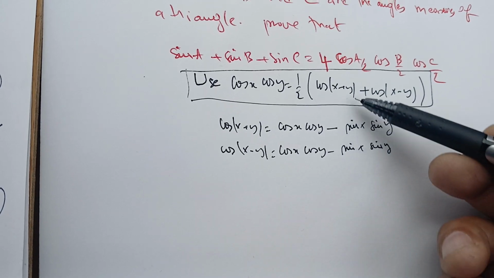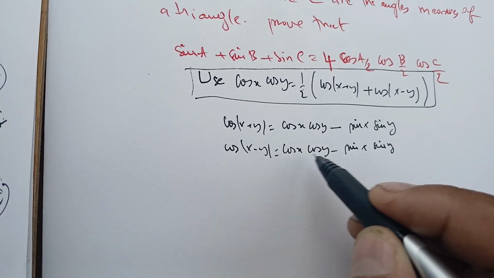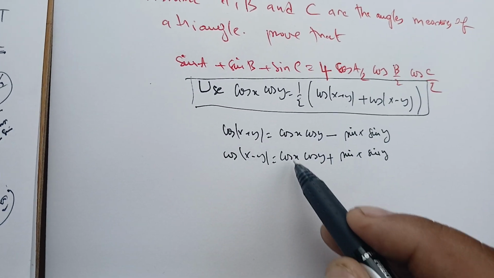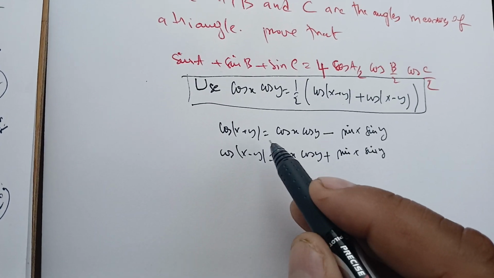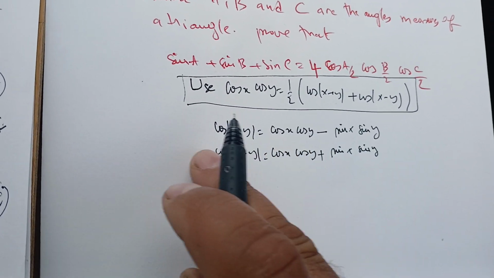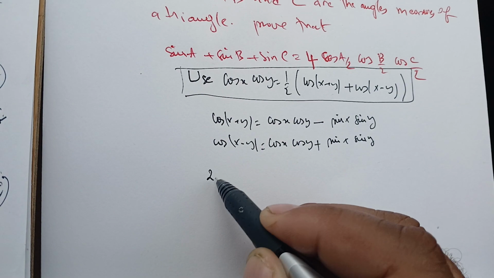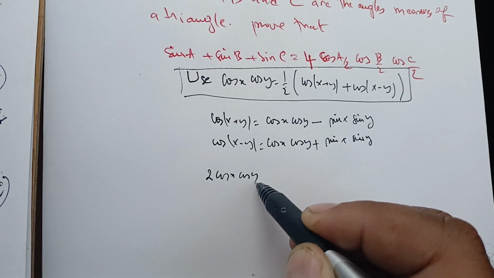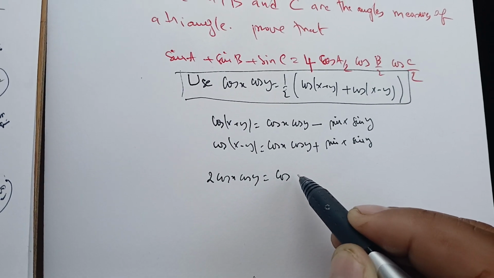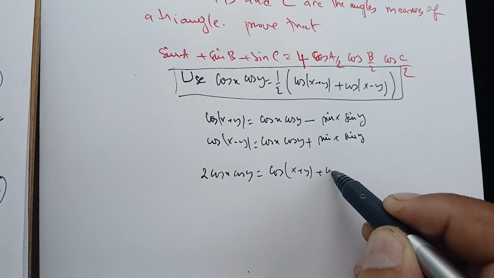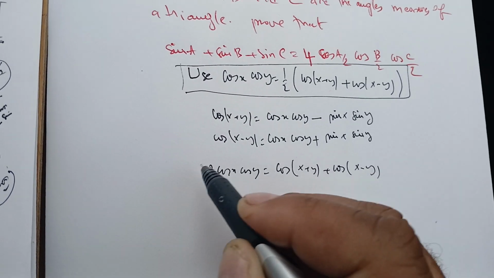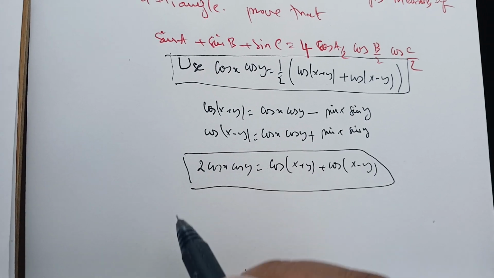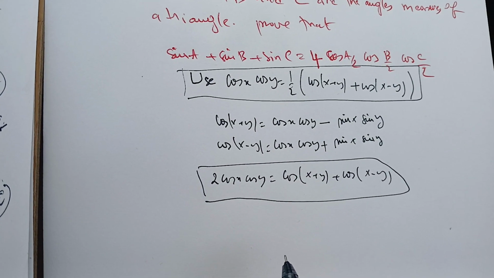Now if we add these two, the sine terms cancel, and I get 2 cosine x cosine y is equal to cosine of x plus y plus cosine of x minus y. So this is what we're gonna use to solve this problem.